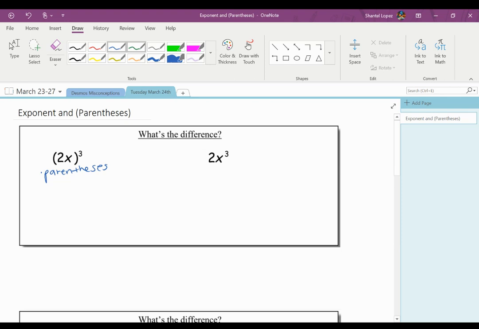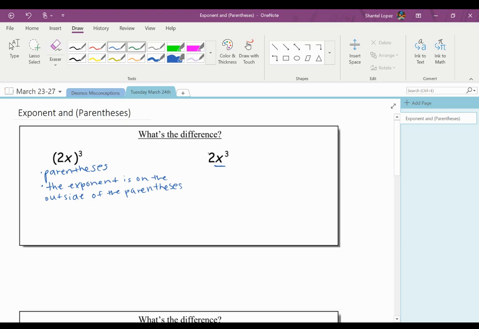Well, where's the exponent? On this one, the exponent is on the outside of the parentheses. And on the other one, the exponent is actually only on the x. Some of you guys might think it also applies to the 2, but really it only applies to the x.